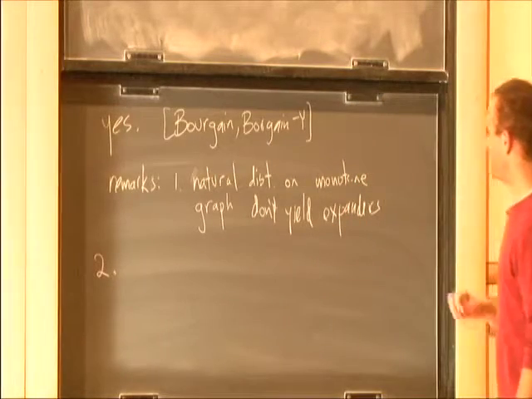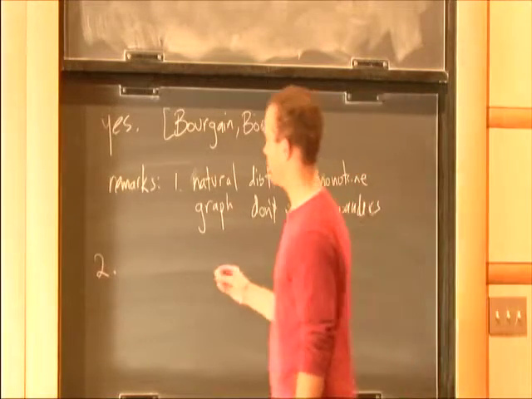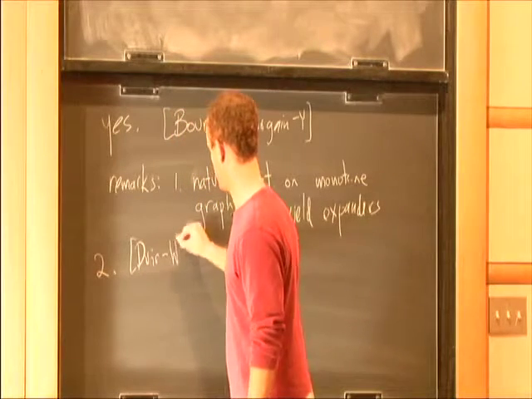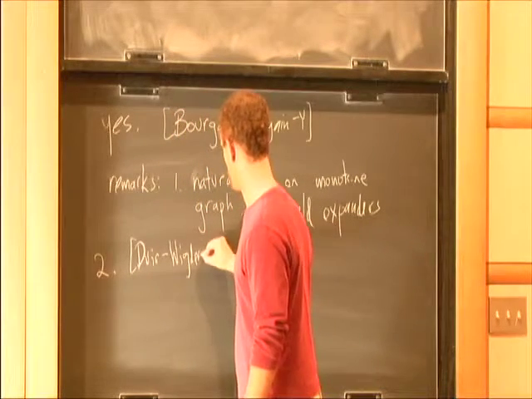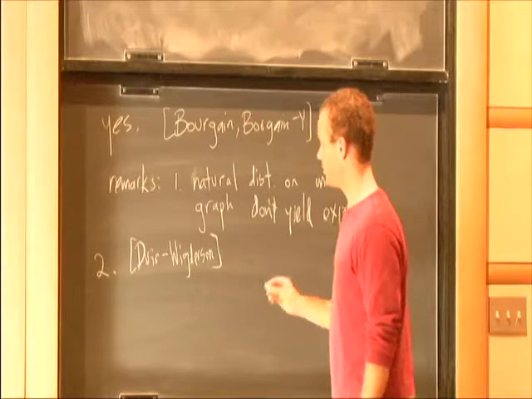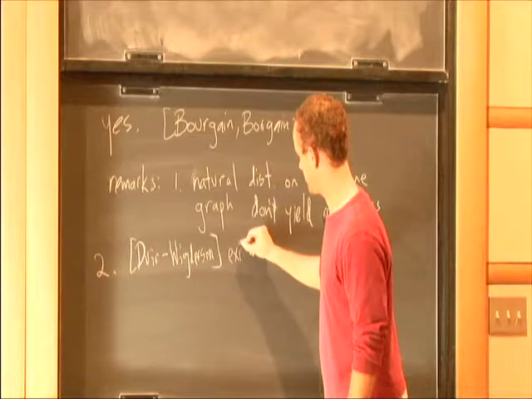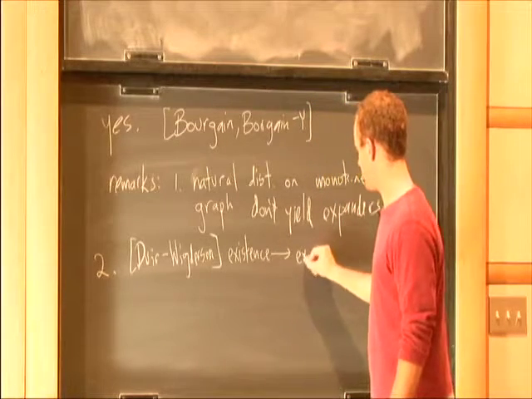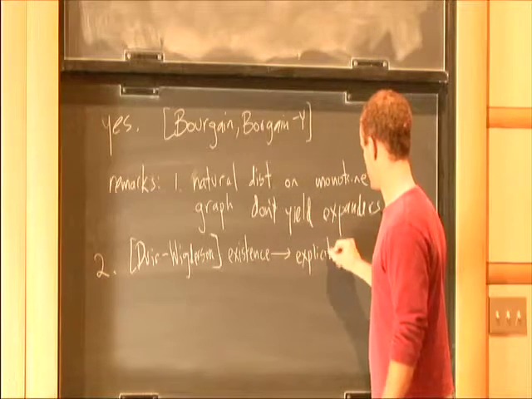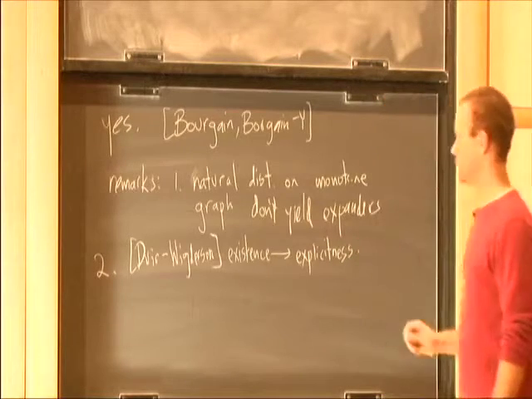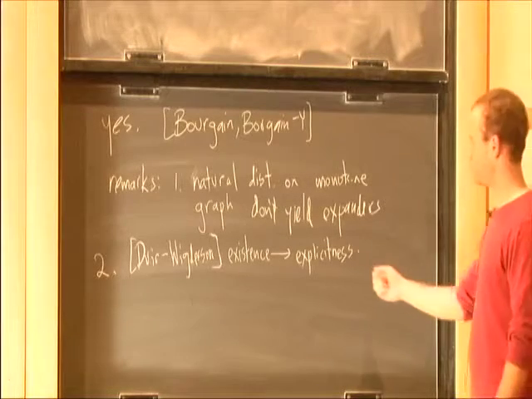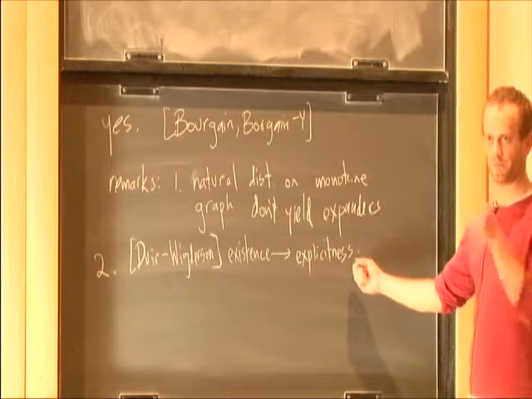A second remark is that Zeev and Avi showed that existence implies explicitness. So if someone proves that there exist monotone expanders, then we can also explicitly construct them.